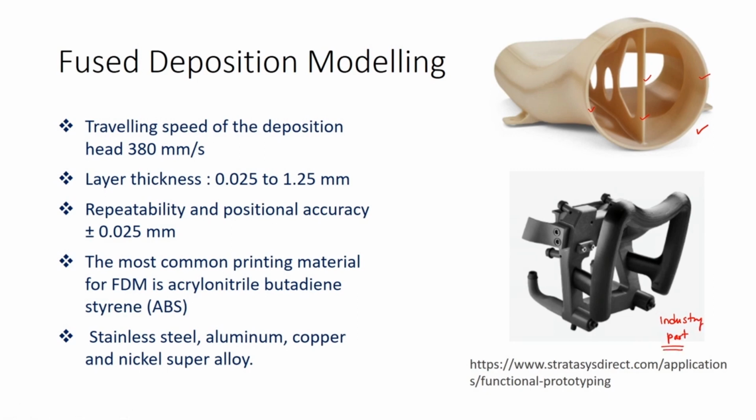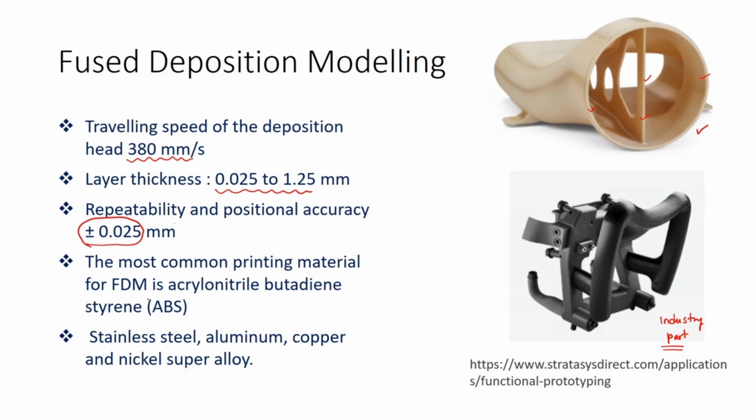So, some important parametric data can be seen on your screen. In general, the travelling speed of FDM is about 380 mm per second. We can have a layer thickness in between 0.025 to 1.25 mm. The FDM process gives us repeatability and positional accuracy of about plus or minus 0.025 mm.